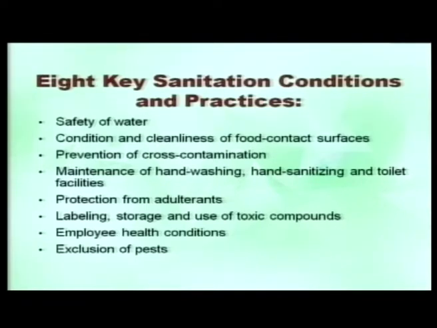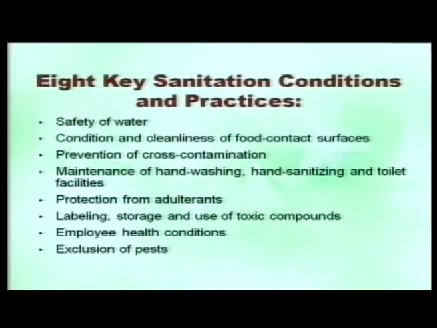Prevention of cross contamination, maintenance of hand washing, hand sanitizing and toilet facilities, and protection from adulterants. That means there is no cross contamination. In case any identified adulterant is being used in the system, it should not contaminate the commodities which are not categorized under the adulterants.